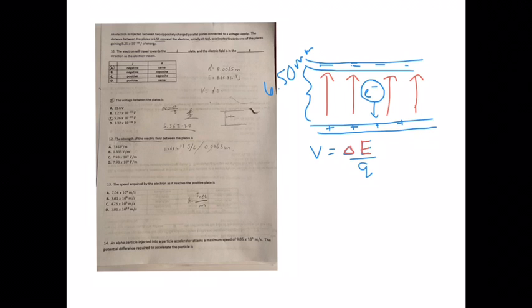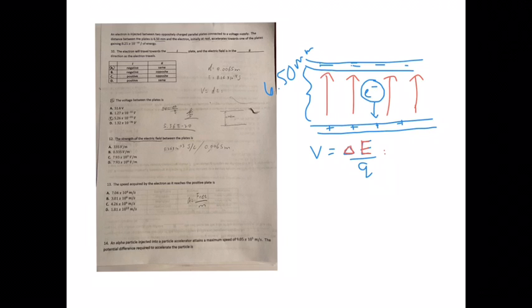I want to find the voltage, so I don't even need to rearrange. I know my change in energy is 8.25 times 10 to the negative 18 joules, divided by the charge on an electron.